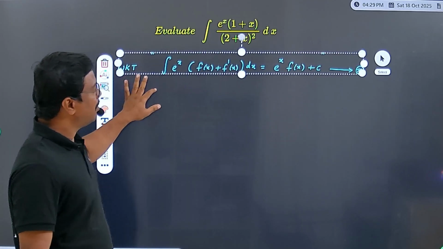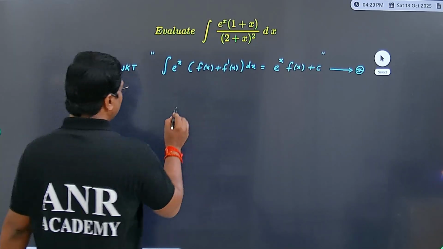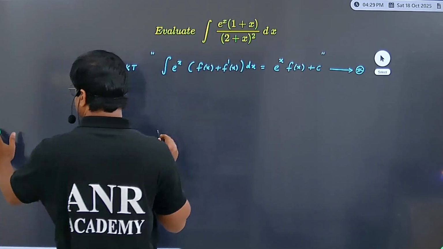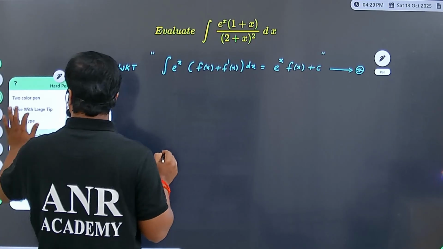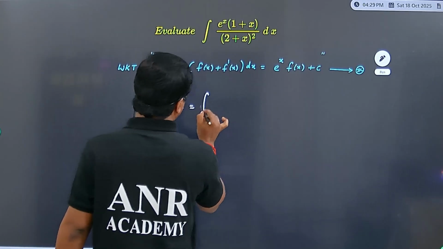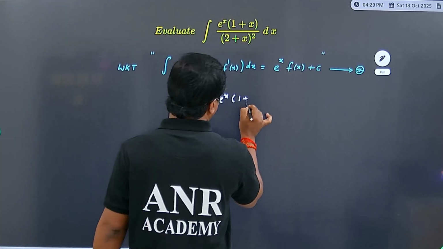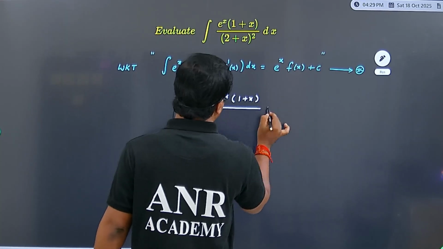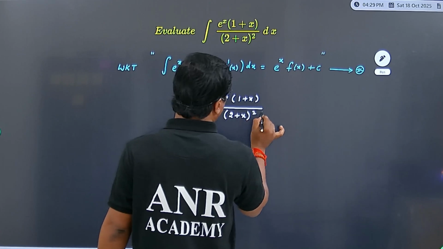Again by the same standard result. Here I is given as integration of e power x into 1 plus x whole divided by 2 plus x whole square dx.